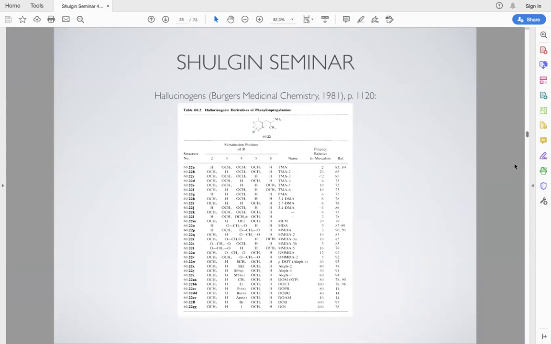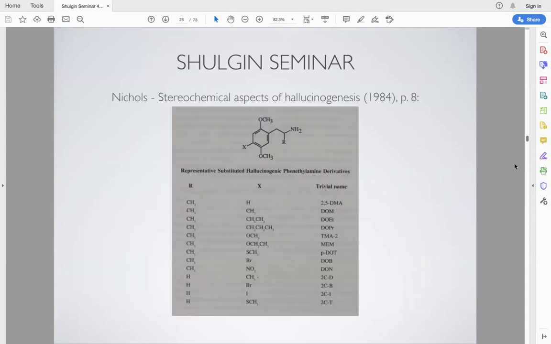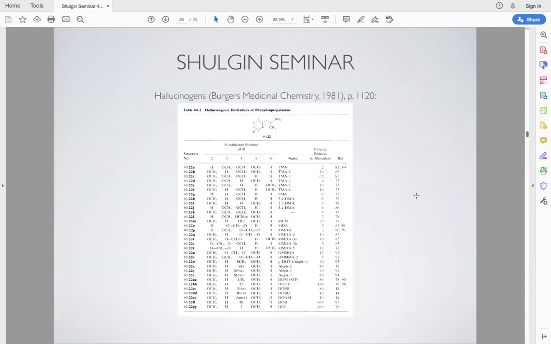Then he lists them. And a similar table is repeated 3 years later in an article by Nichols, where he also lists them, and he also has a paper on structure activity relationship.